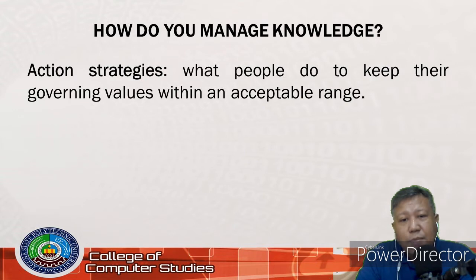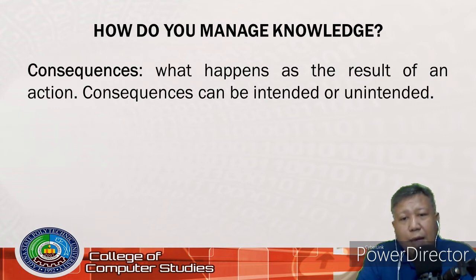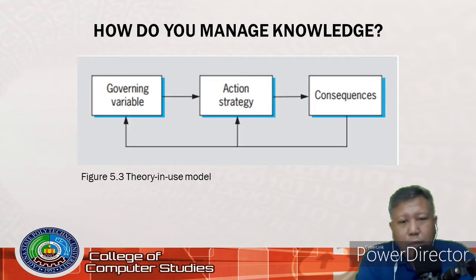Action strategies naman, what people do to keep their governing values within the acceptable range, and consequences, what happens as a result of an action. Consequences can be intended or unintended. Ayan. So, meron tayong dito sa figure 5.3, yung tinatawag na theory in use model. So, nagsisimula tayo sa governing variable.